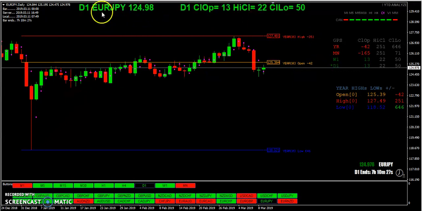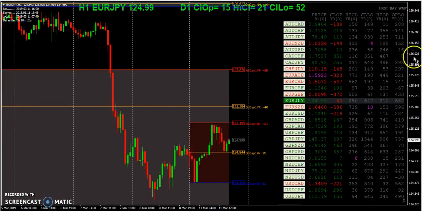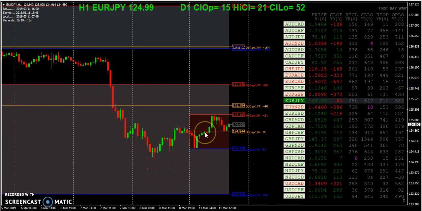So as far as the euro yen is concerned, it's reversing off the high. And right here you can see it. First day of the week today, price made a low, price made a high, and in each case it reversed.